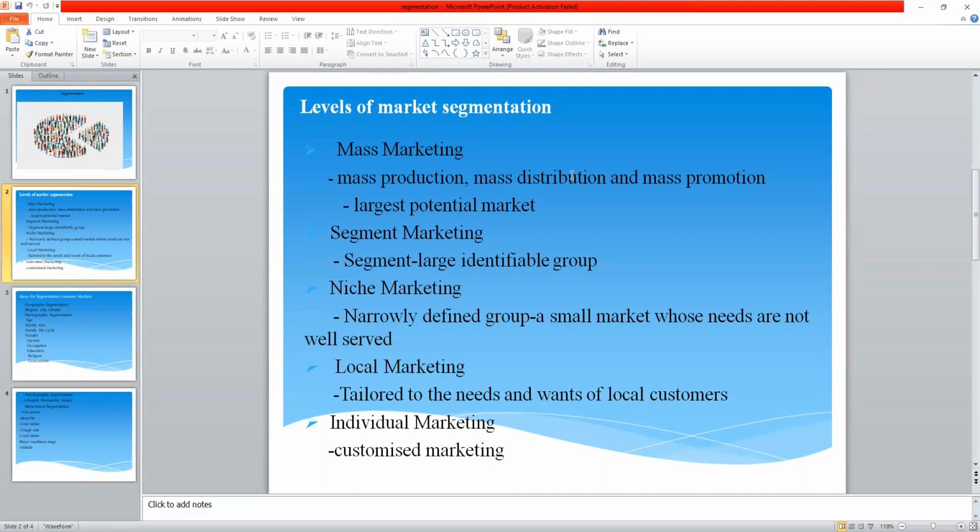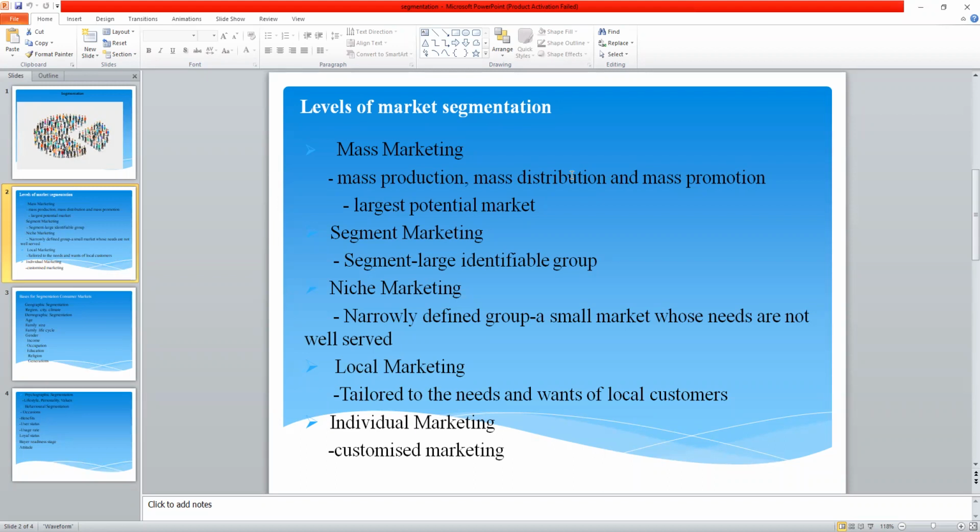Now coming to the segment marketing, because of this competition, or because there are more number of players, one can think of segregating it into the segment marketing, the niche marketing, local area marketing, and also the individual marketing. Now, when we take into consideration the segment marketing, what is exactly segment marketing?